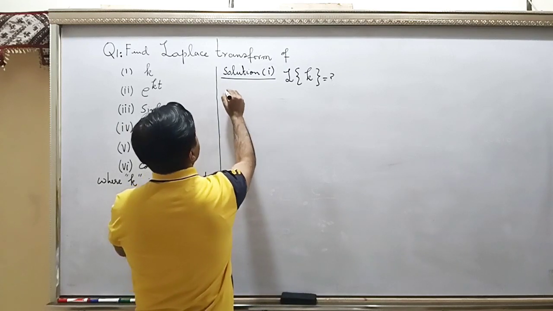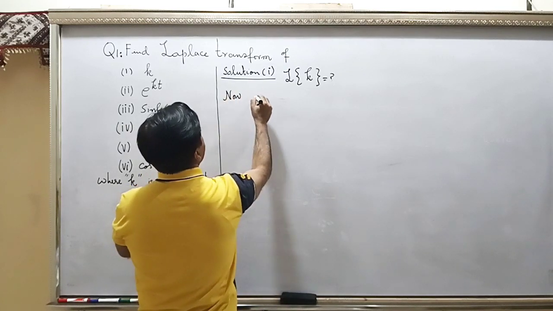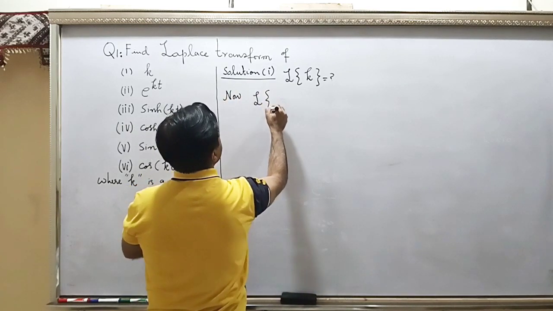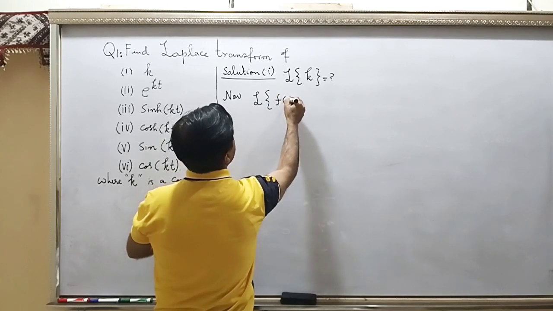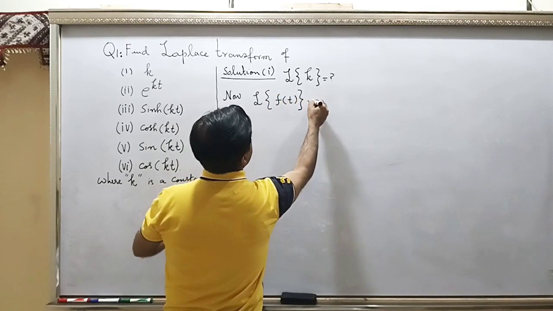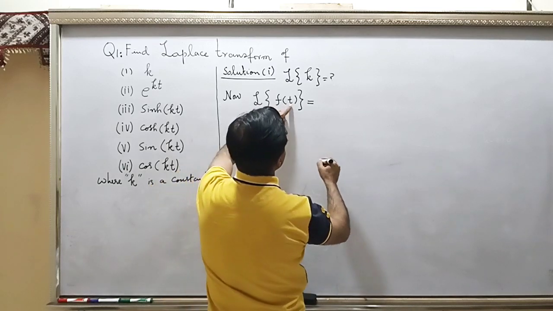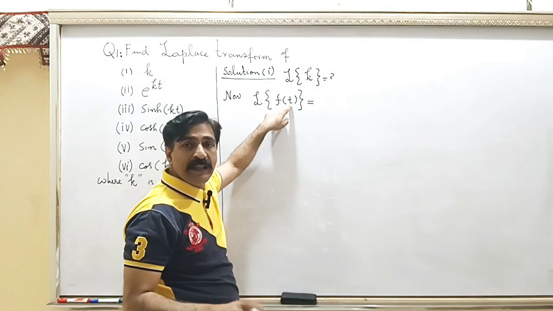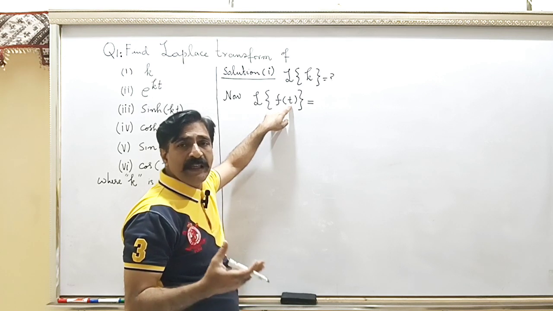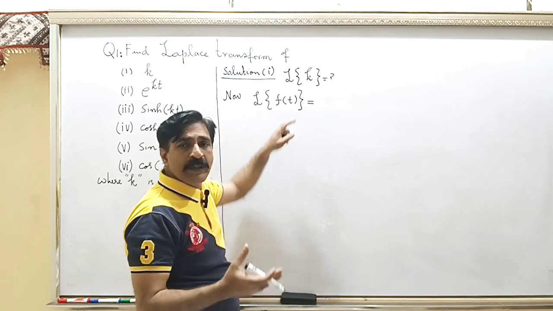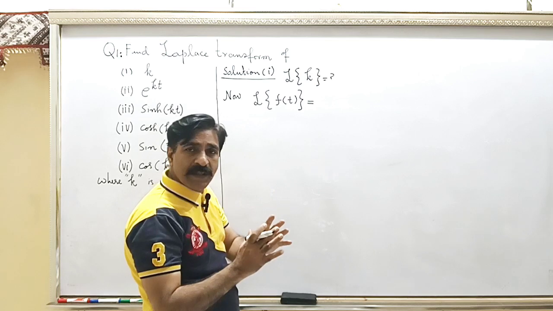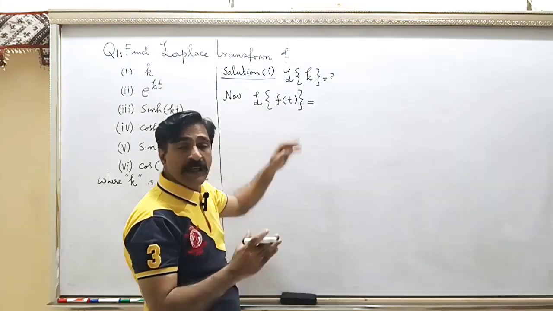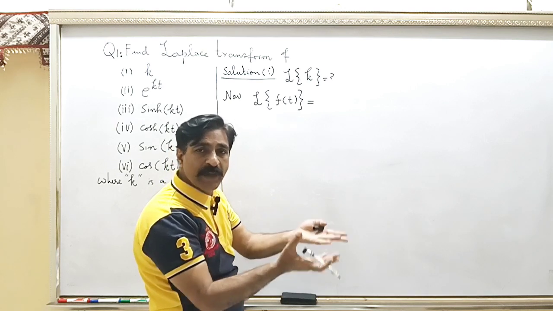Now, the Laplace transform in general for any function of t is an integral transform, and in an integral transform we transform a given function of a variable, for example t, into a new function of a new variable.